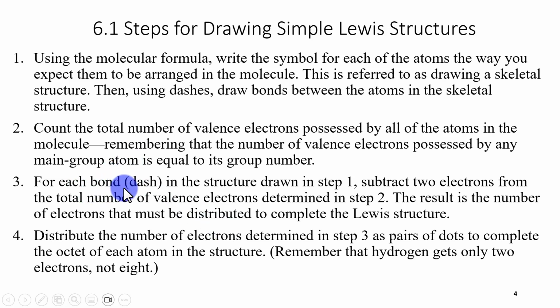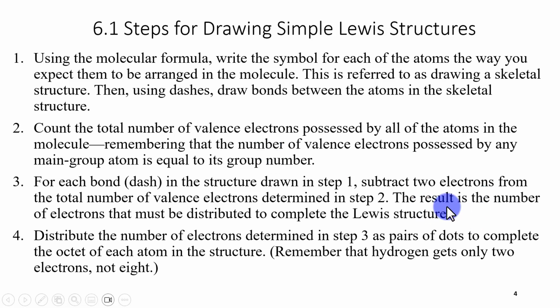For each of the bonds, or the dashes, that we draw in the skeletal structure, remember that those represent 2 electrons. So we take the total number of dashes that we've drawn, multiply by 2, and those are the total bonding electrons, and then we subtract them from the total number of valence electrons that we determined in step 2.